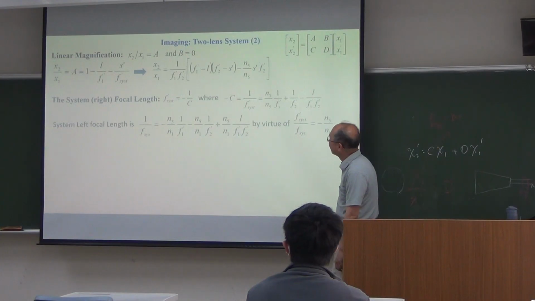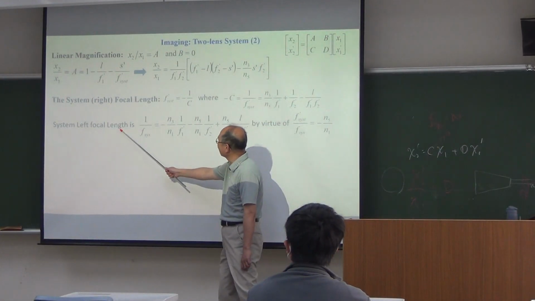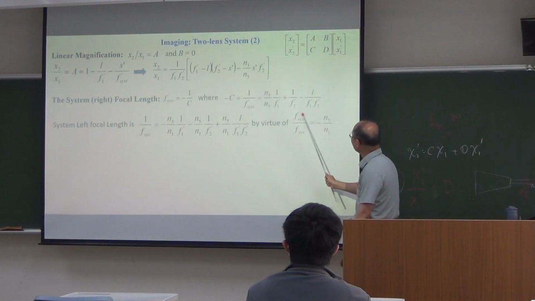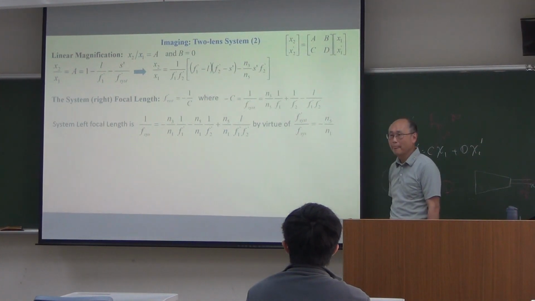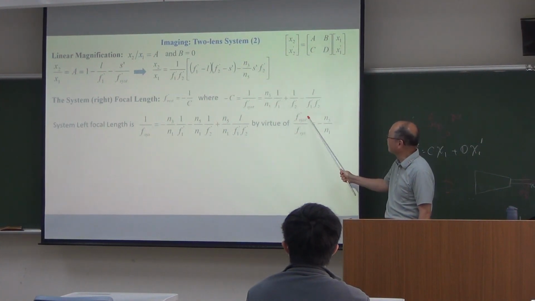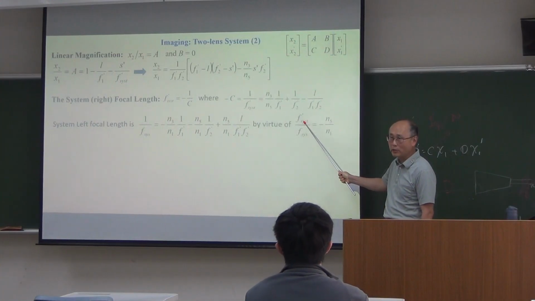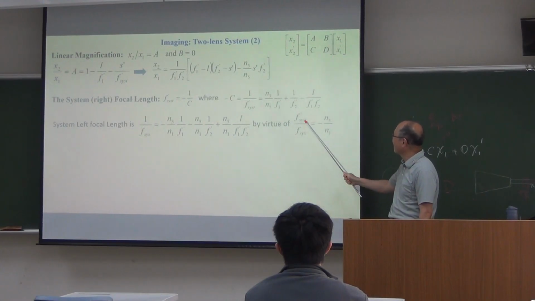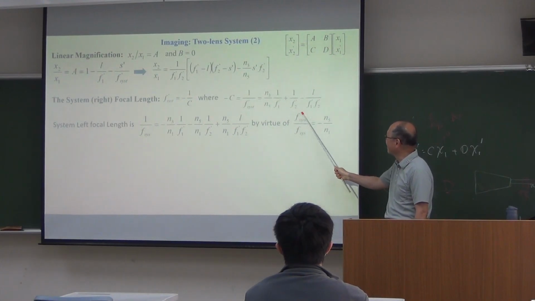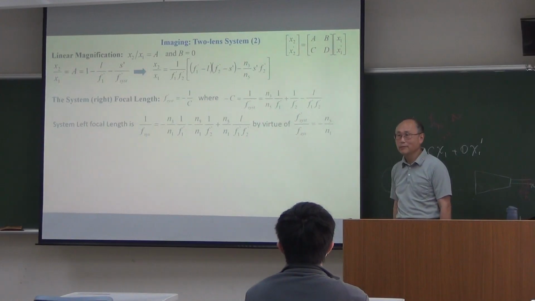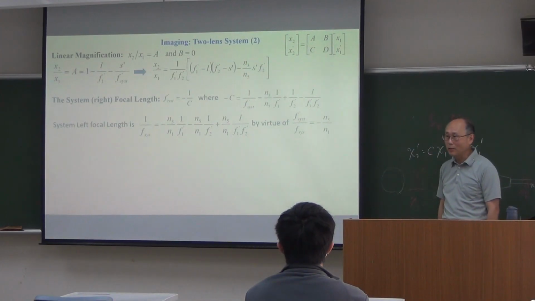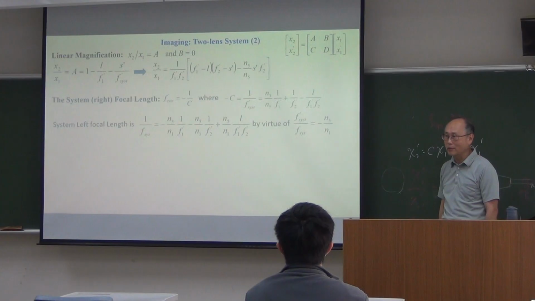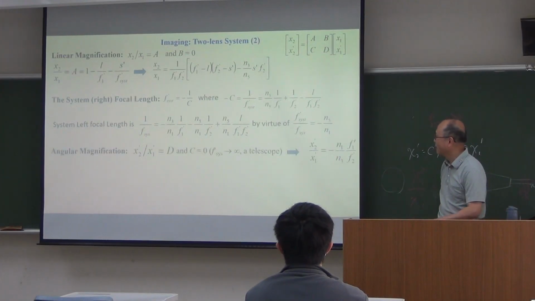We figure out the left focal length by taking this ratio, and this comes from the -1/C calculation. Once you have this, then this can be obtained by dividing by this value. So this is a convenient fast track to get the results.